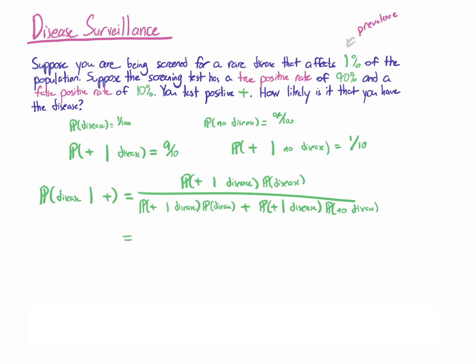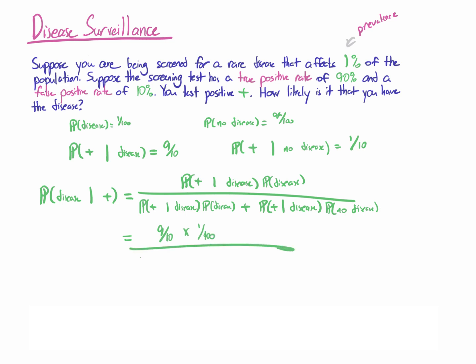Okay, so here I now have everything I need to plug in all the numbers. Up top, the probability of a positive test given the disease, that's the true positive rate, so that's 9 divided by 10. And the probability of having the disease, the base rate or prevalence, is 1 over 100.